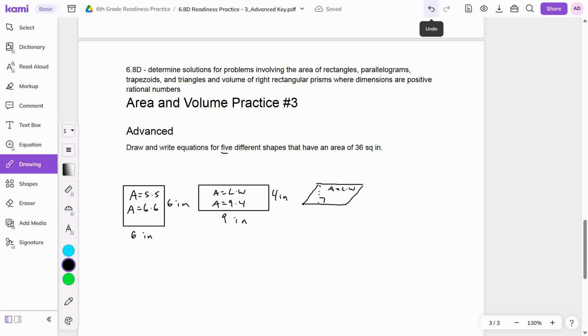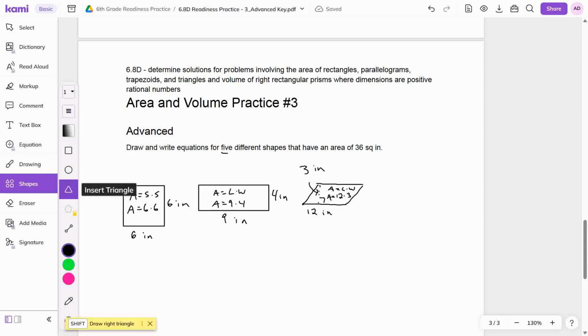All right, so let's say this was a height of 3 and a base of 12 inches. So we can say area equals 12 times 3. Those three are going to get us 36 inches.